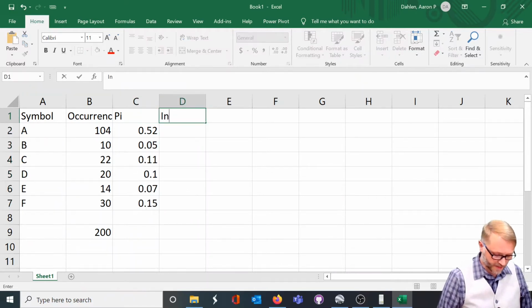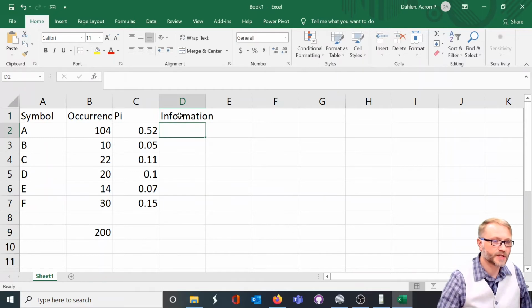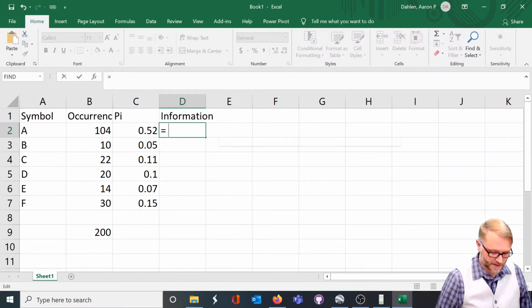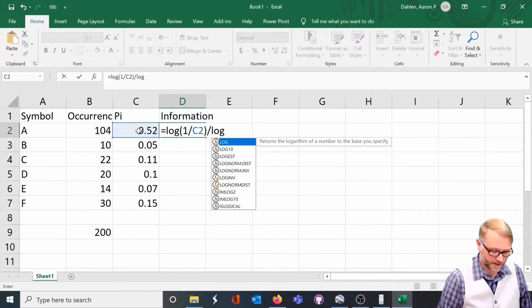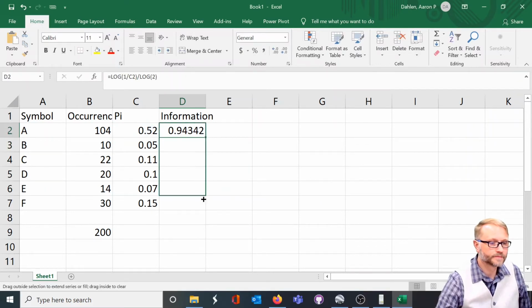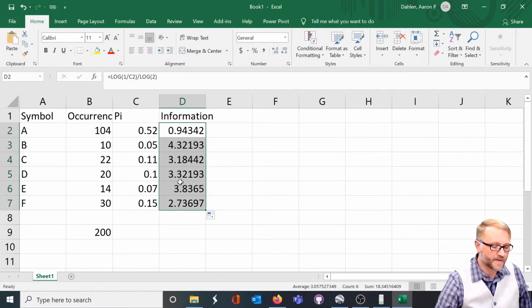Next is the information associated with the symbol. That is log of 1 divided by this cell, divided by log of 2. So on average, this is the number of questions that need to be asked to determine each symbol.